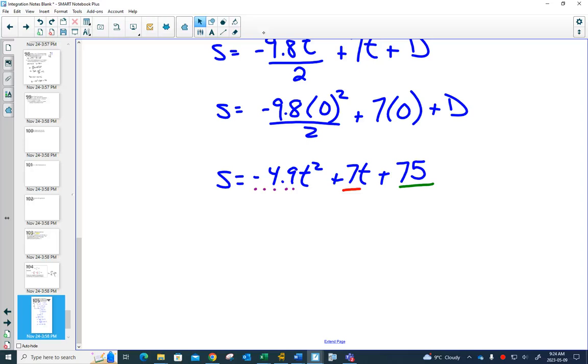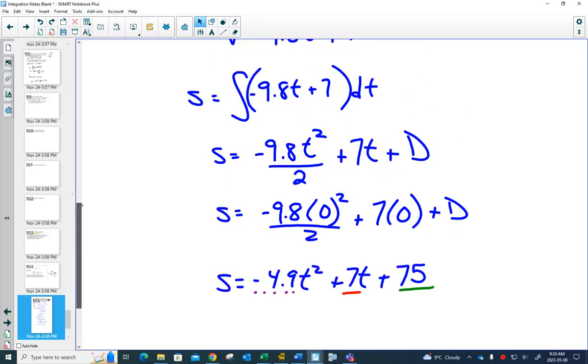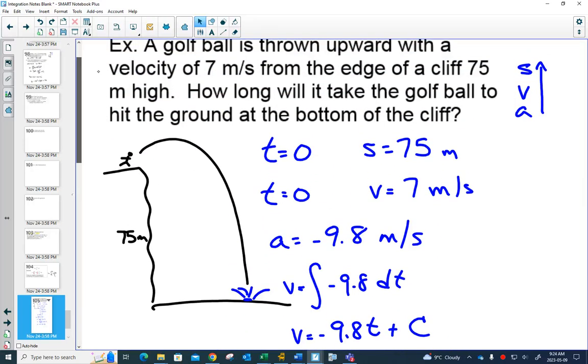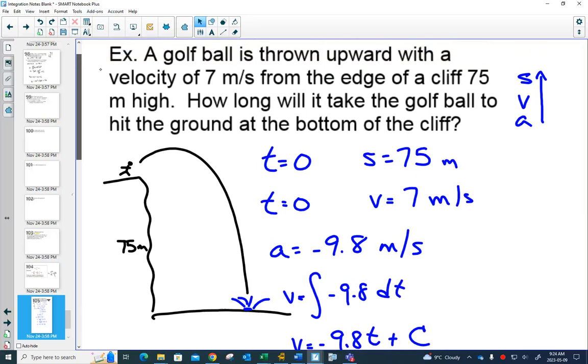And now we can look back. What did the question actually ask us? How long did it take to hit the ground at the bottom of the cliff? Oh, I should have said puddle. Okay, so now we're trying to find time. We have to decipher: do I want to find time in a displacement formula or in a velocity formula?